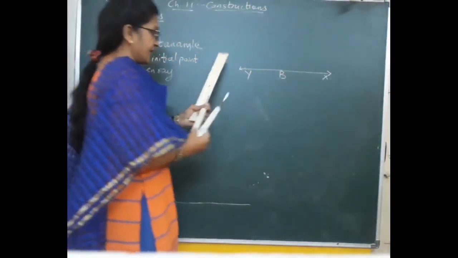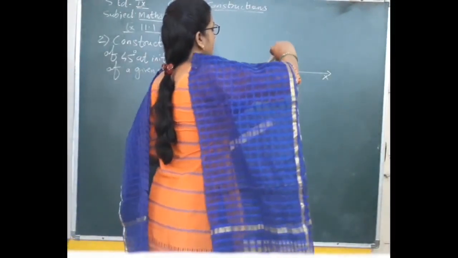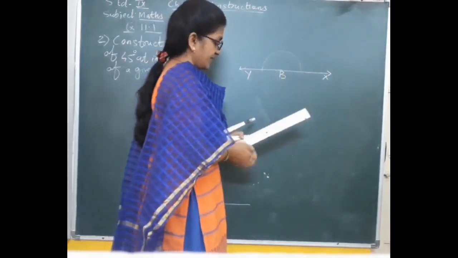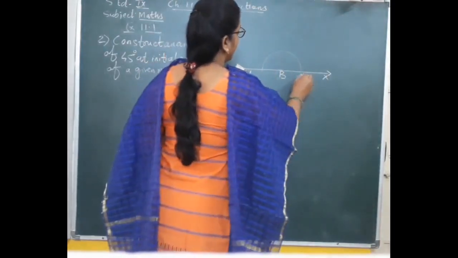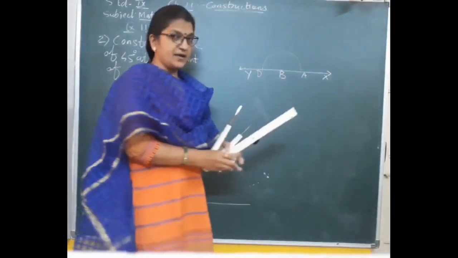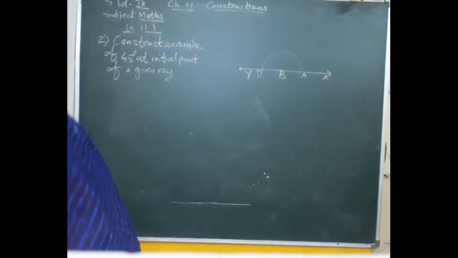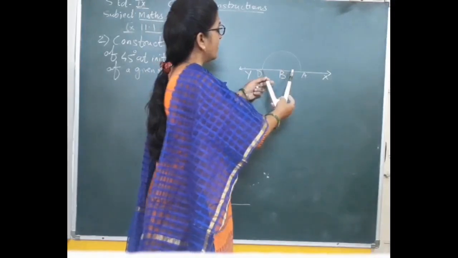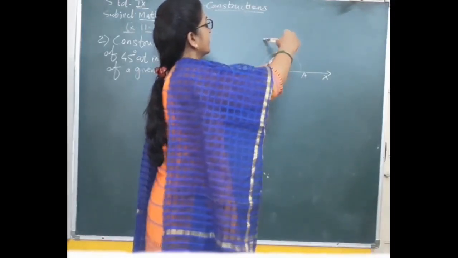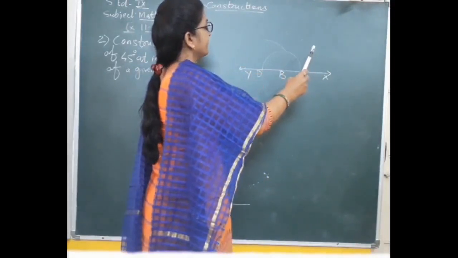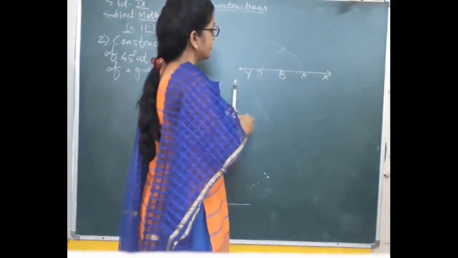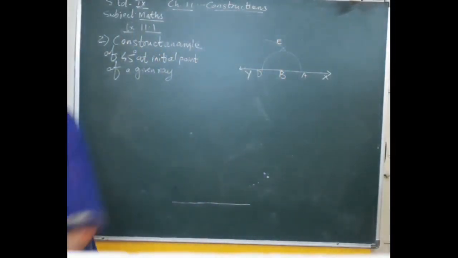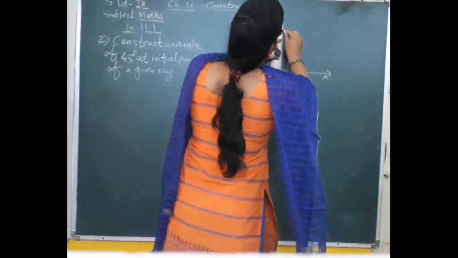With any arbitrary radius, draw an arc which intersects ray BX and ray BY at points A and D. Now, taking these points A and D as centers and more than half of AD as radius, draw the two arcs which intersect each other at point P. Construct ray BE.